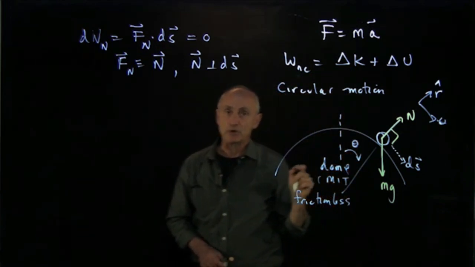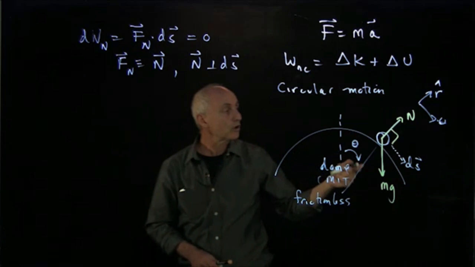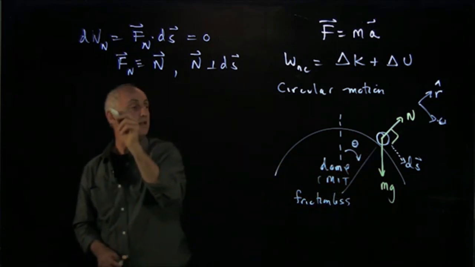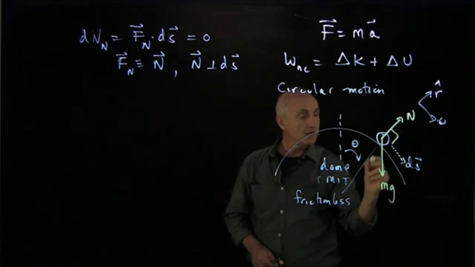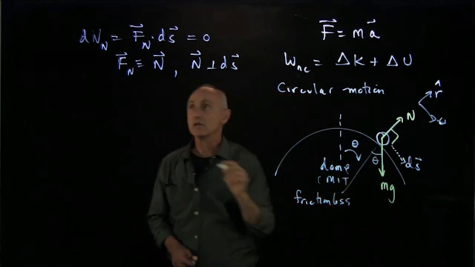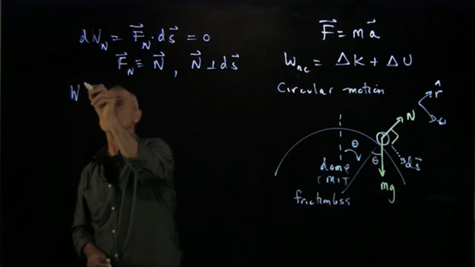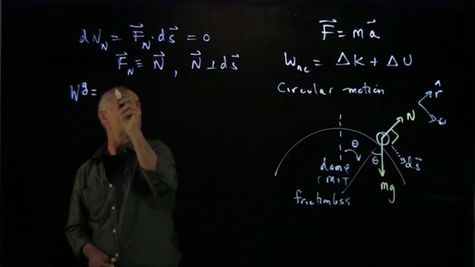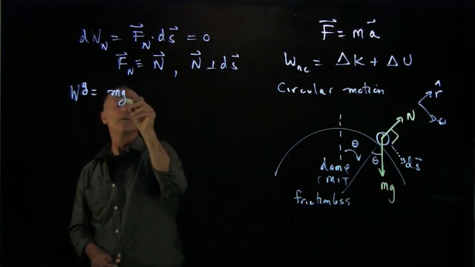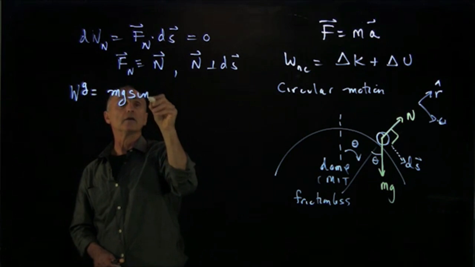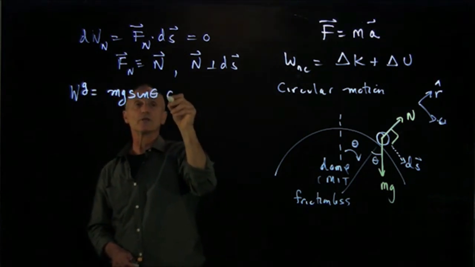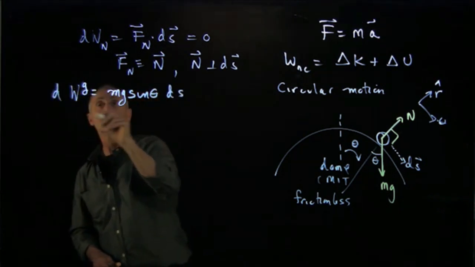In fact, the energy principle is the work that's done is just the amount. This is angle theta. So the actual work done by the gravitational force is the component of G, mg sine theta, times the displacement ds.